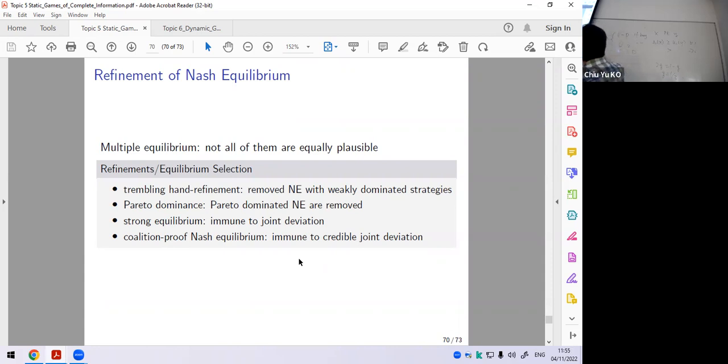Suppose this is a Nash equilibrium, and the question is, does it survive the Trembling-Hand refinement? I have a trembling hand. I know how to choose A, most likely, but my hand trembles, so I have a very small probability that I will choose B.